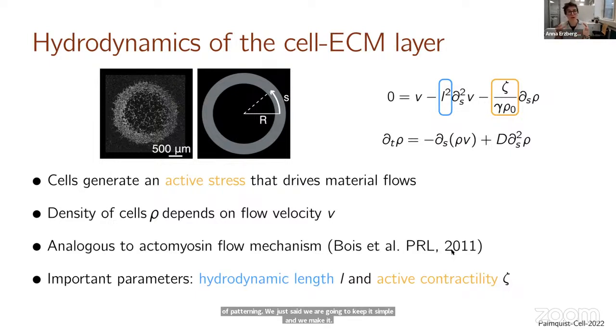Now, if your question is more mechanistic, how do I generate large-scale active stress with individual contractile cells? In the context of actomyosin, by the way, this question is also not completely answered, or at least it has motivated a lot of studies where people try to understand at the microscopic level why contractility comes out.